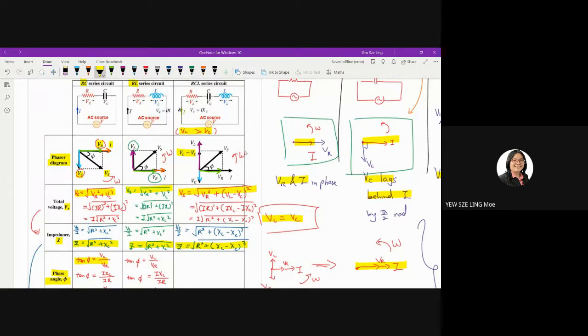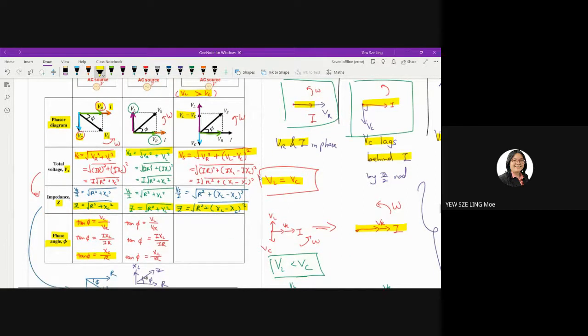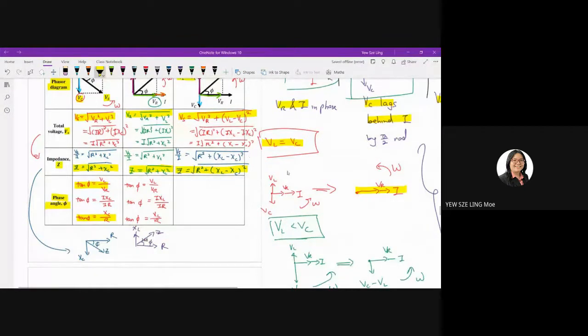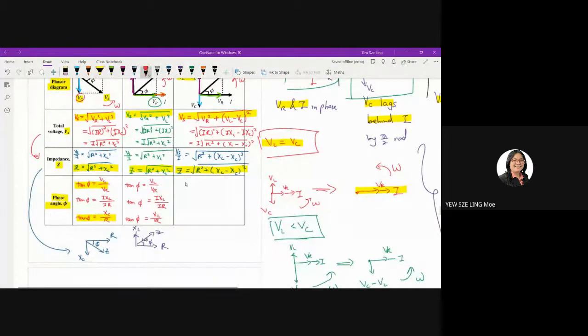That's why I keep telling you guys, when you have phasor diagram, actually you can solve all questions in chapter 6. Because quite a lot of things you need to calculate based on a phasor diagram. Always sketch the phasor diagram even if the question didn't ask you to sketch. So when it comes to angle, again, just the same thing.